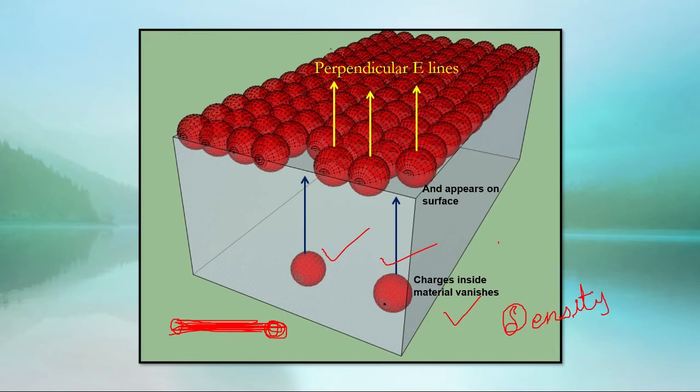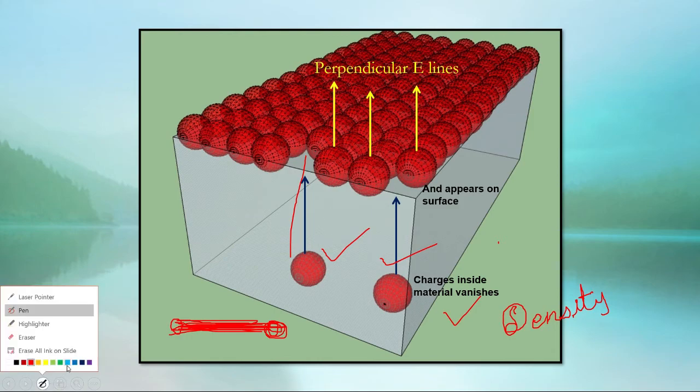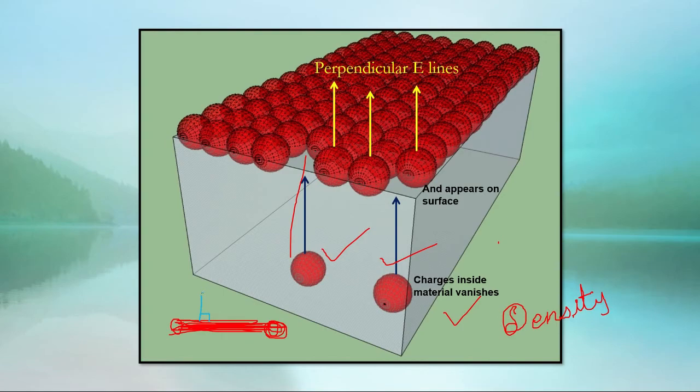In some other topic we will discuss it. These charges disappear inside the material and appear on the surface, and on the surface they flow. From this surface we get the lines of electric field intensity, which are perpendicular to the surface. So for a conductor also, we will have electric field intensity parallel to that particular conductor.